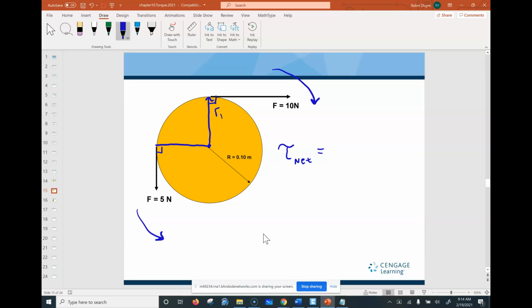Will this be a positive or a negative? This one's going clockwise, so conventionally we say negative. This is going counterclockwise, and we're just saying positive.